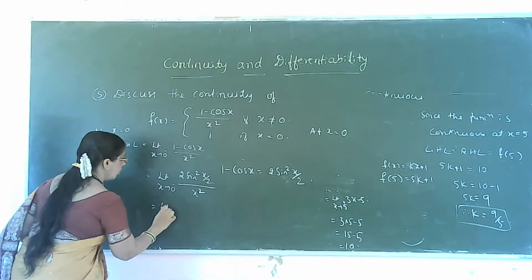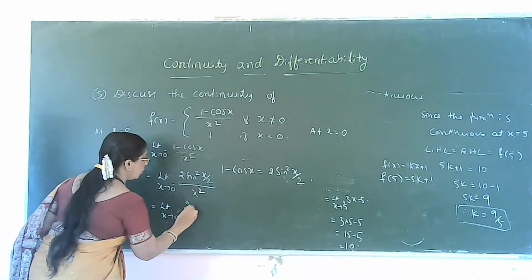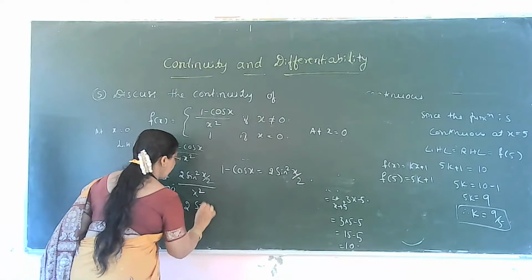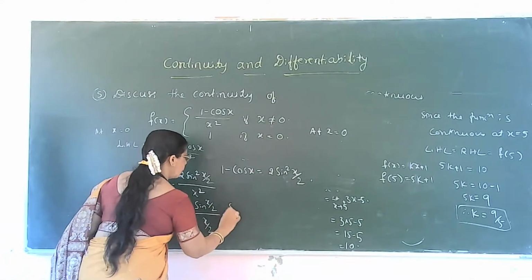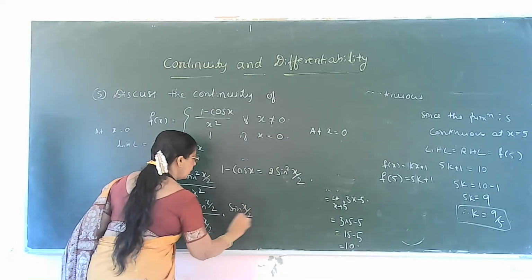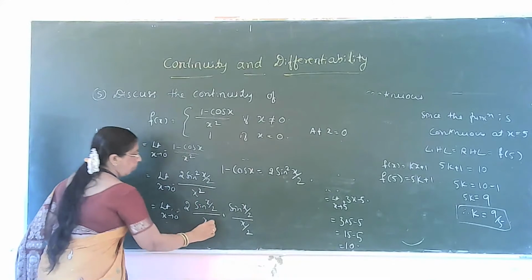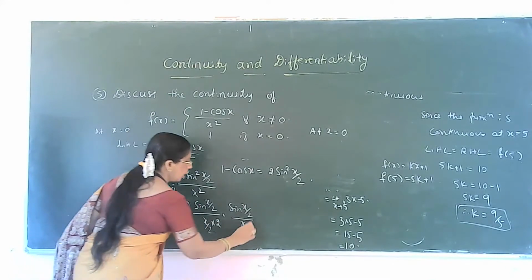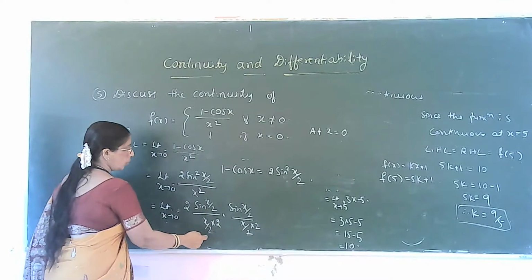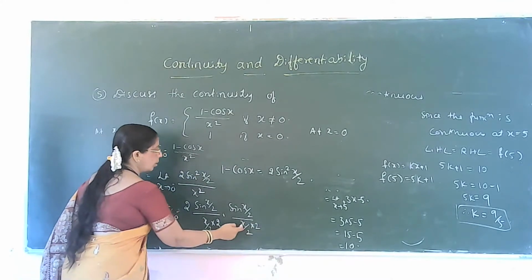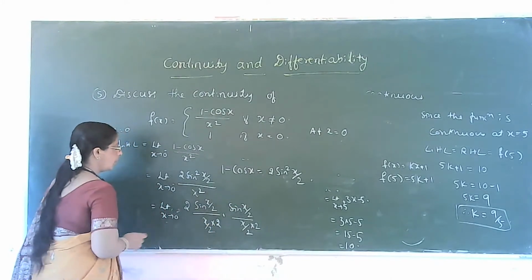Then I split this as 2 into sin x by 2 divided by x by 2 into sin x by 2 divided by x by 2. I multiply it by 2, and it is also multiplied by 2, so the 2 cancels x.